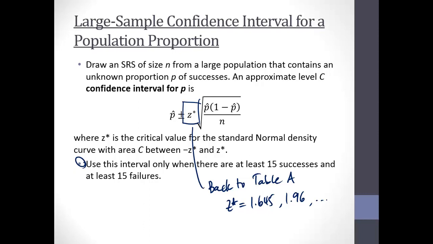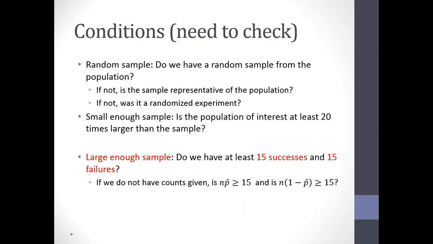Which leads us to, real quickly, our conditions for this chapter. Again, this is the top of page 4 now. Random sample and small enough sample are the same as they've always been. We want to make sure we have a random sample, or at least a representative sample from our population. We want to make sure our sample is small enough, meaning the population is at least 20 times larger than our sample.